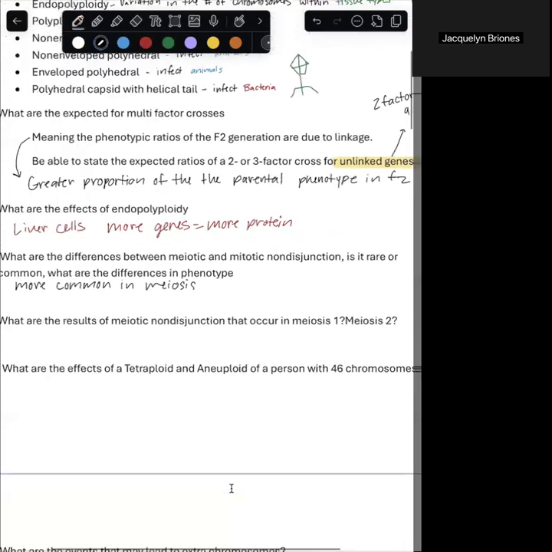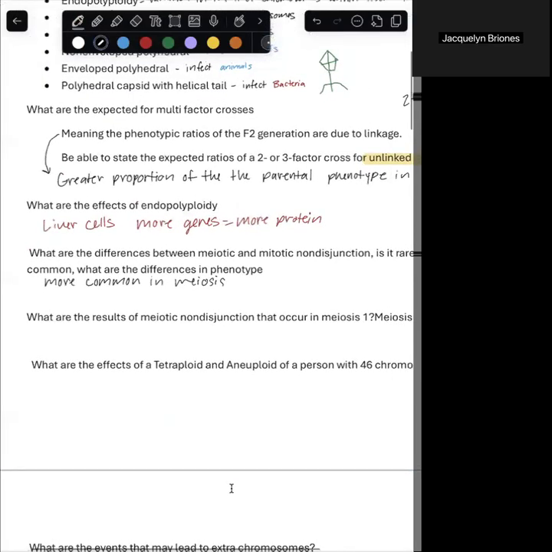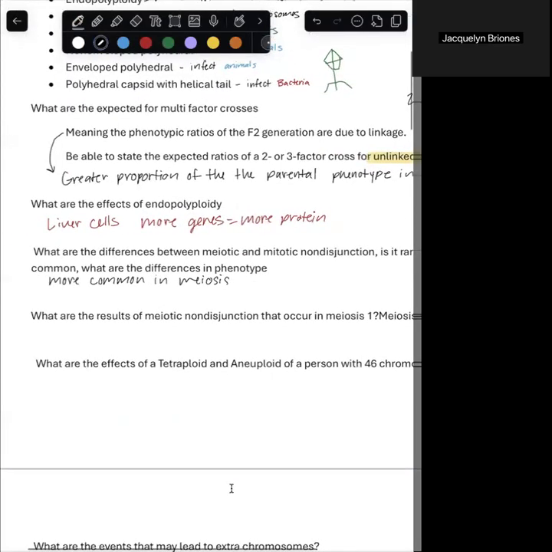And we would expect for the differences in phenotypes a variation in the number of sets.